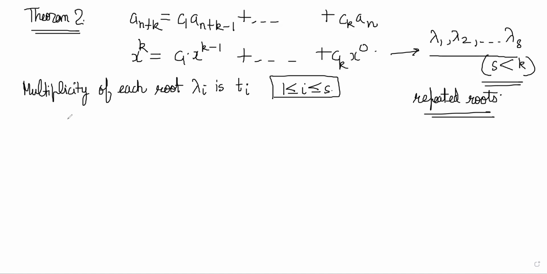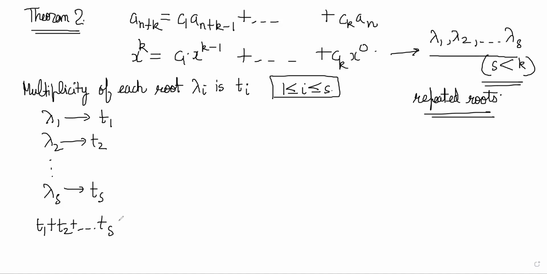So basically, how many copies of lambda 1 are there? T1. Lambda 2, there are T2 copies, and so on. Lambda s, there are Ts copies. Obviously, T1 plus T2 plus up to Ts should add up to k, because the total number of roots has to be k, right?